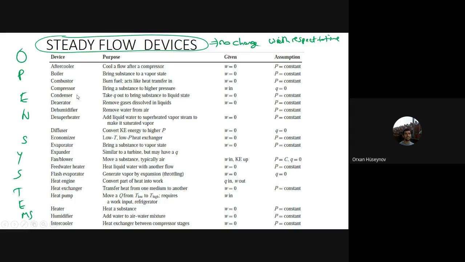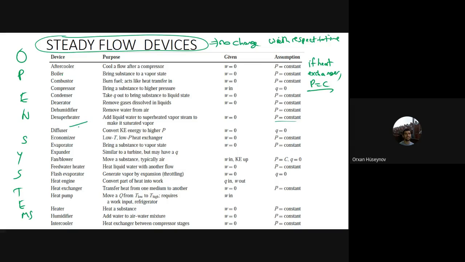One more important thing about these devices is that if it is a heat exchanger, then the pressure will be constant. This one is a heat exchanger, the pressure is constant. Whenever pressure is constant, it is mostly a heat exchanger. And we also have the diffuser, which is something like this one.